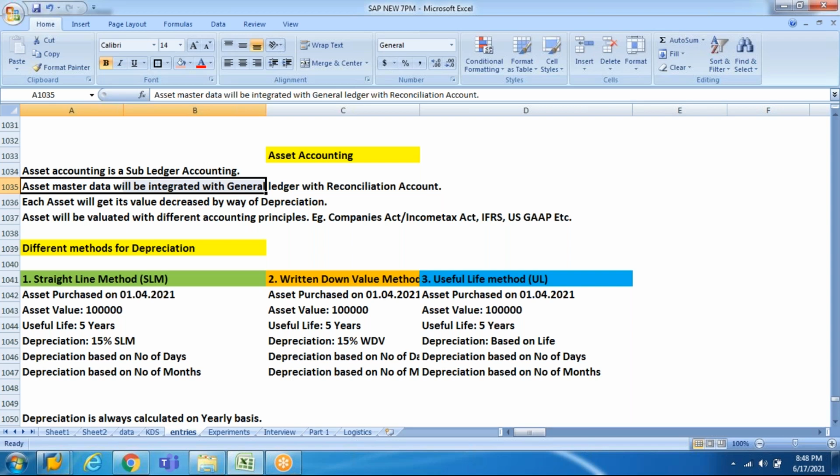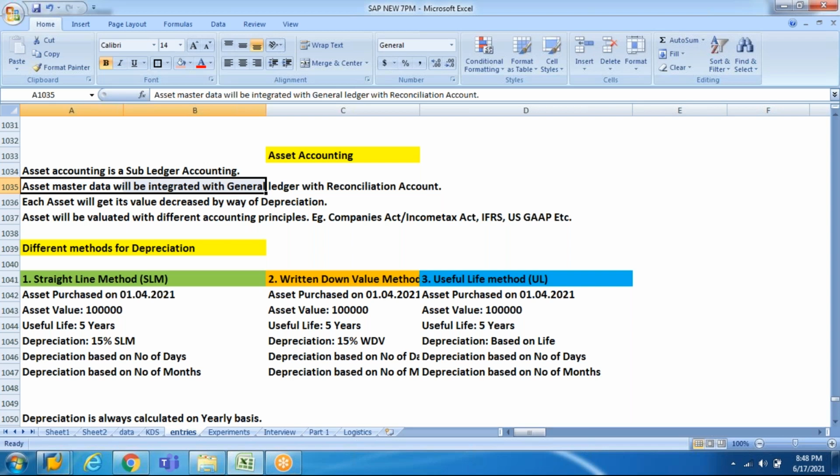So your asset accounting subledger and your general ledger GL will be connected by using a reconciliation account. How this reconciliation account gets connected with the asset master record is what we will see when we do the configuration, where you'll have to understand the asset class, the account determination, the asset master record, and how these are connected.